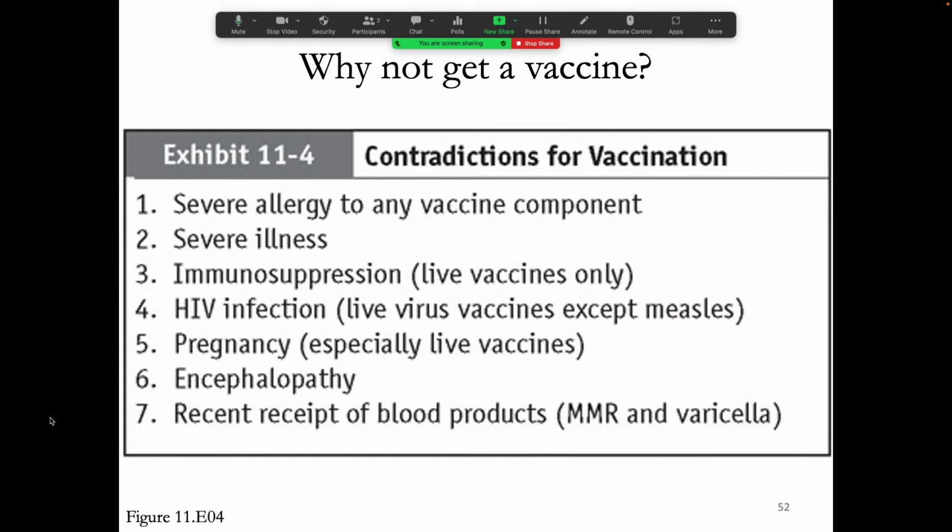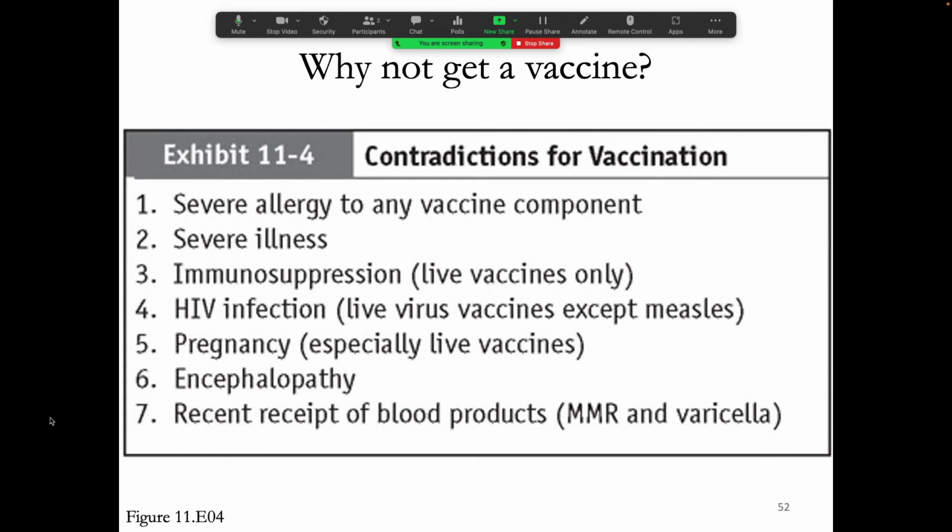And so there are contraindications, or reasons why one should not get vaccinated. We know that there are people who are allergic to certain vaccine components. A number of vaccines, for historical reasons, are made in eggs.